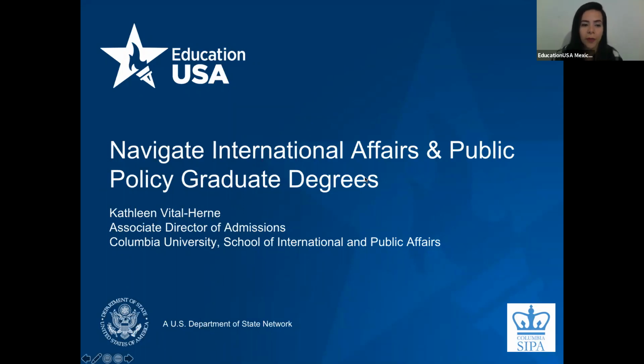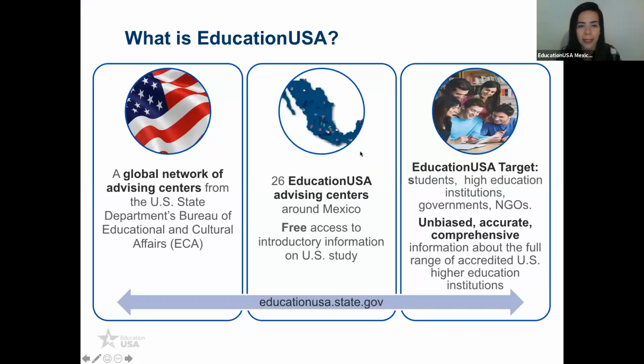So before we start, we would like just to give a brief overview of what Education USA is. Some of you, this might be the first time that you join one of our online events, or maybe you are already familiar with what Education USA is.